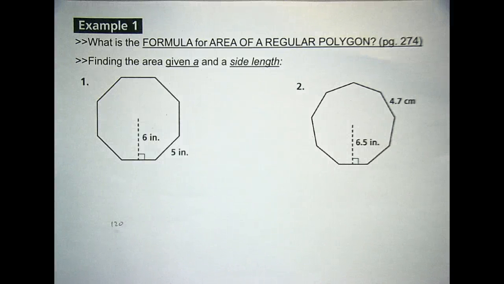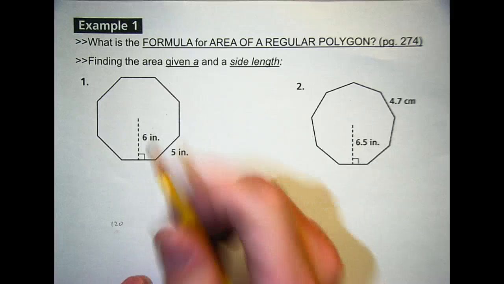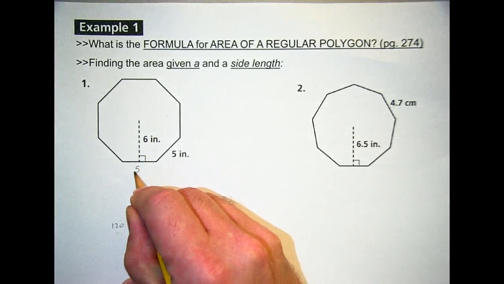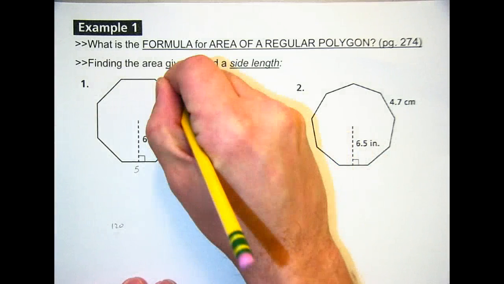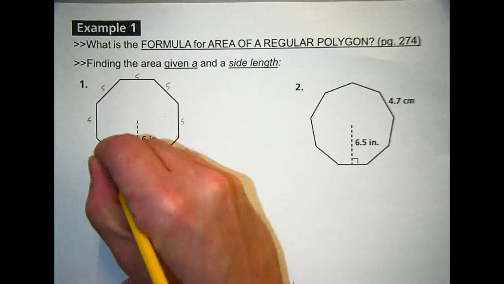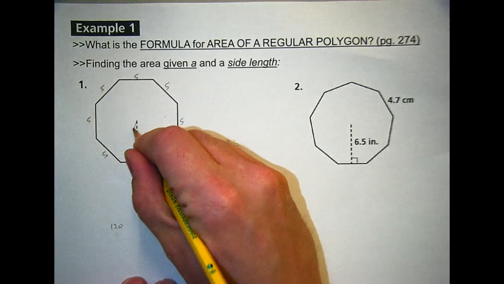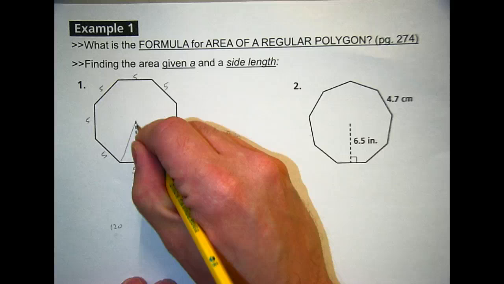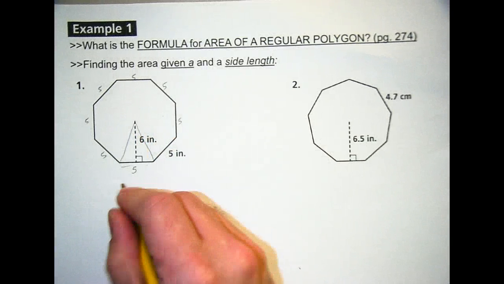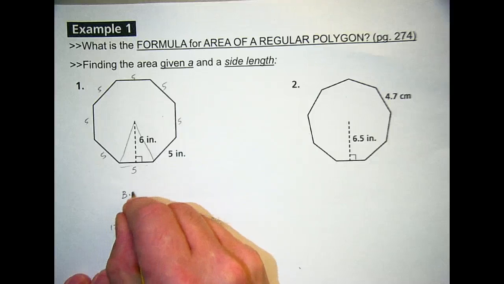So, what did you do? Go ahead, Diamond. I multiplied the base of 5 by 6 to get the area, and divided by 2 to get the area of one of the triangles. Okay, so does everyone agree that all these are 5? So when you're saying to get the area of one of the triangles, you're talking about this triangle. So you went 5 times 6, base times height.